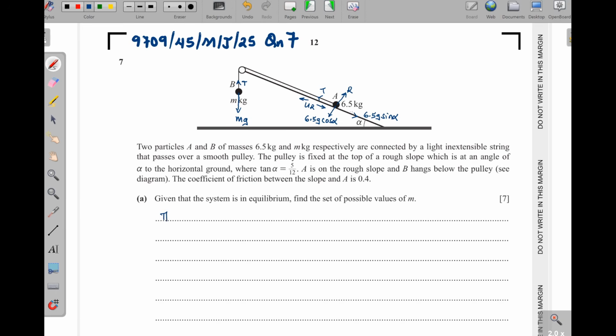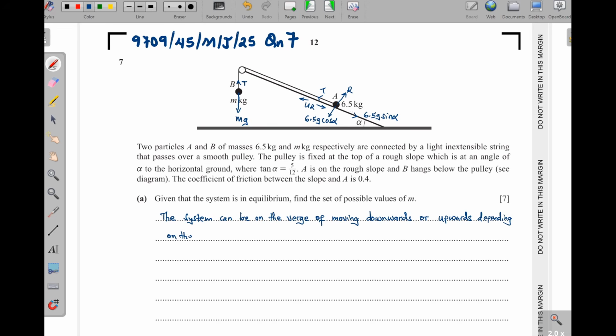So what I'm saying here is the system can be on the verge of moving downwards or upwards, depending on the value of m.